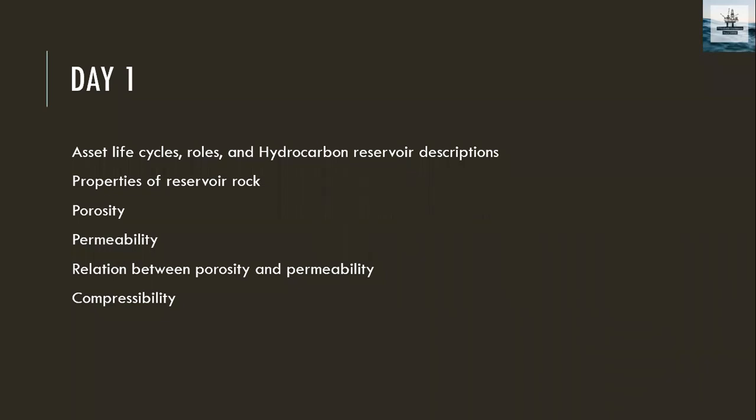in this area. It covers theory as well as some part of numericals, and some of the properties are porosity and permeability. Probably this might have been heard by most of the people. Today I'm going to introduce you to porosity and permeability, and then the next step is the relationship between porosity and permeability, and rock and fluid compressibility.